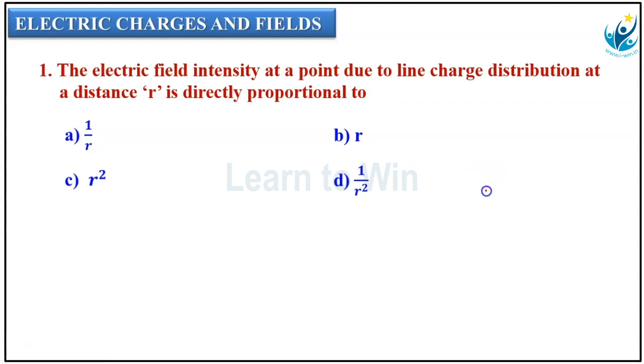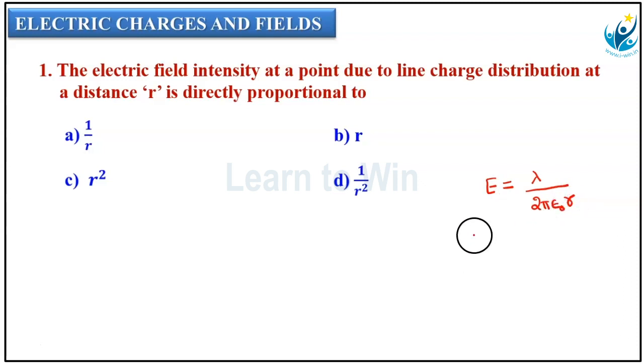Electric field intensity due to linearly charged wire, E is equal to, just now we derived the formula, that is lambda by 2 pi epsilon naught r.